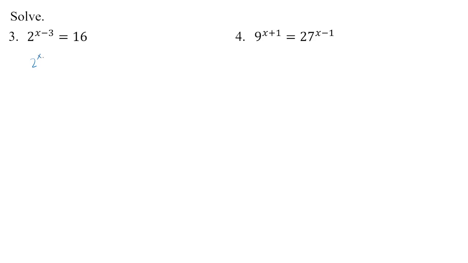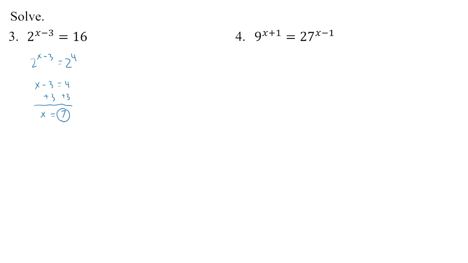We know that 16 is 2 to the fourth power. So as you can see, the bases are the same. So therefore, x minus 3 equal 4. Add 3 to both sides, and we have x equals 7. Therefore, the solution is 7.